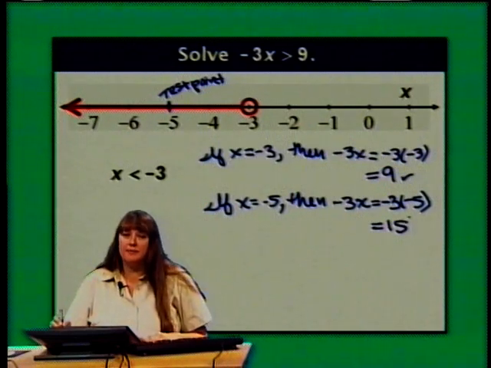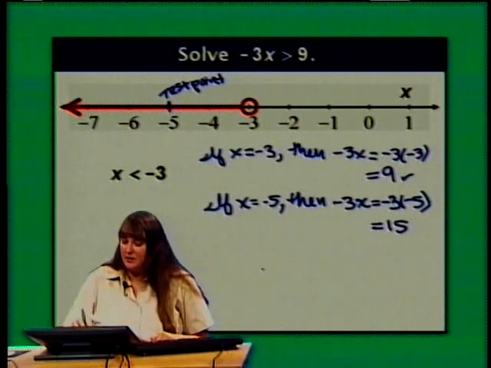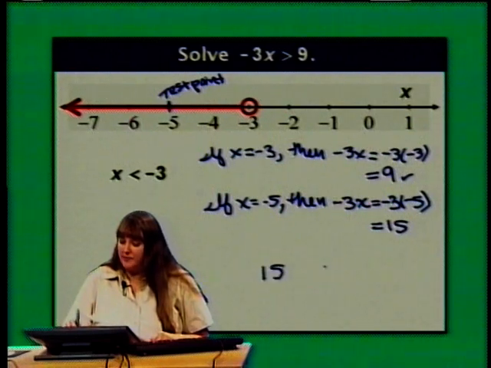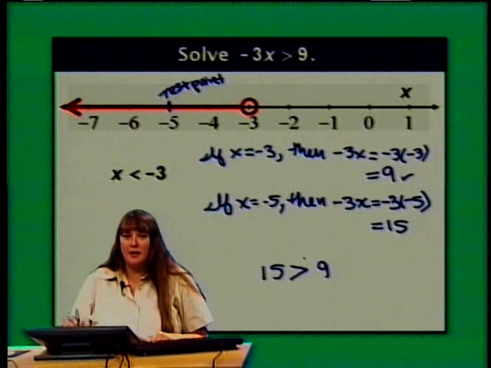And that's 15. Now I need to check that my inequality is correct. I need to know how 15 and 9 compare. Well, 15 is greater than 9, and that's the correct sense of the inequality. So my solution set checks.